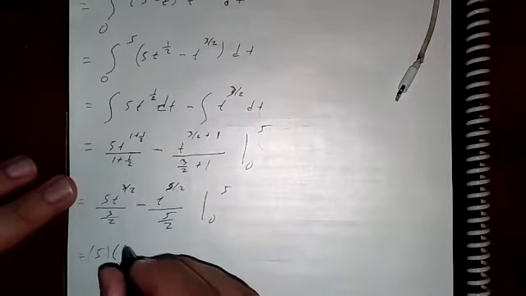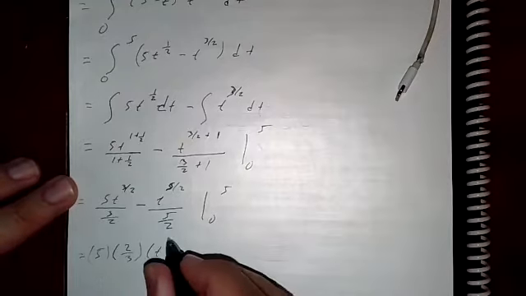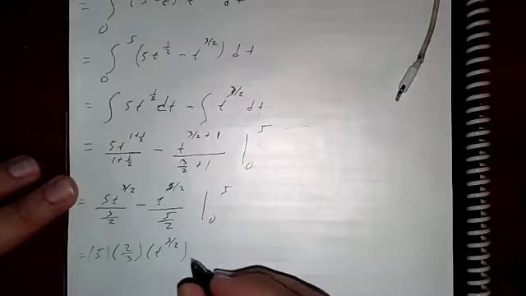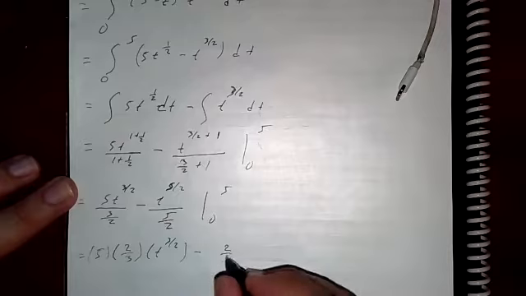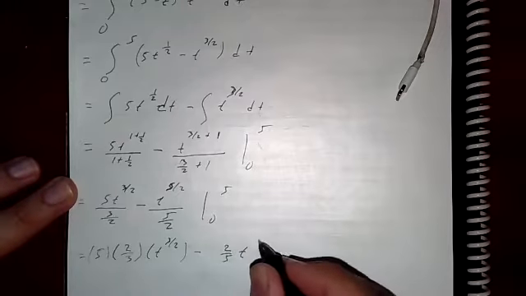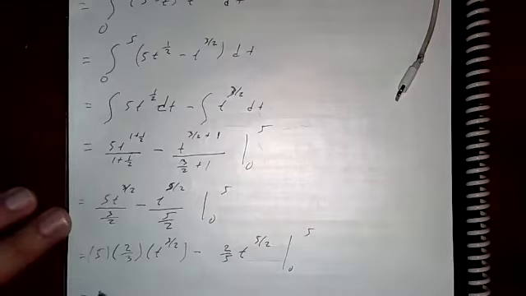Do 5 times 2/3 times t to the 3/2 minus 2/5 t to the 5/2. That's where the 10/3 comes from.